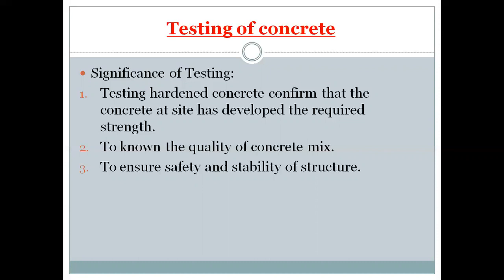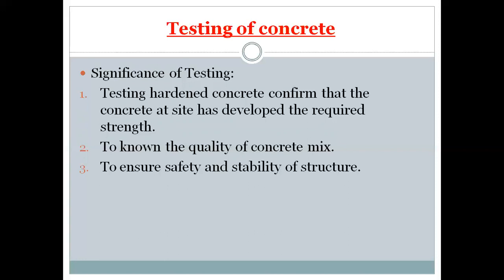To know the quality of the concrete mix, that is whether the concrete has the required quality or not, we have to follow the testing of the concrete to ensure safety and stability of the structure. So to ensure the safety of the structure, we have to test the concrete before casting and after casting.